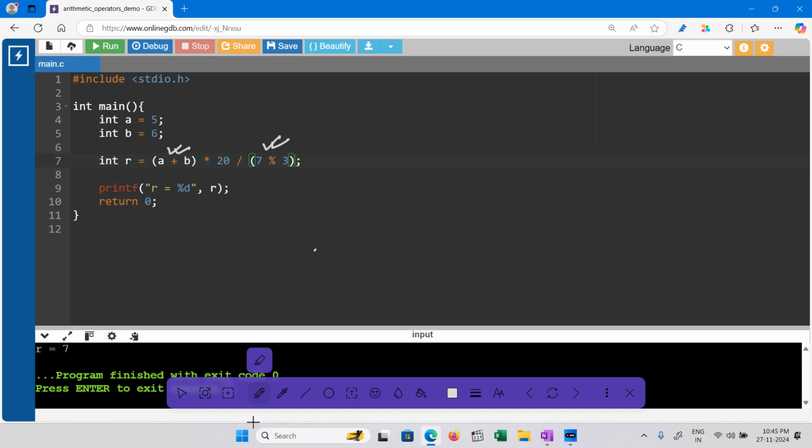Okay, so let us solve. What we have written is r equal to a plus b. If I follow left to right order here, 5 plus 6 will become 11.